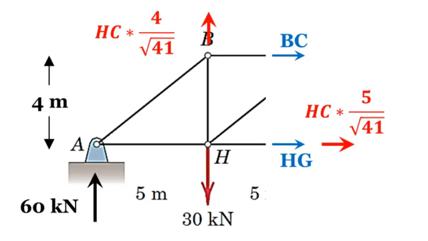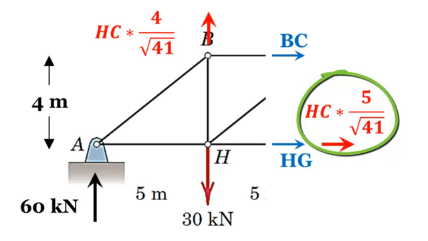The X component, as we can see here, is HC multiplied by 5 over the square root of 41. So HC is the magnitude we are looking for, multiplied by 5 over the square root of 41.